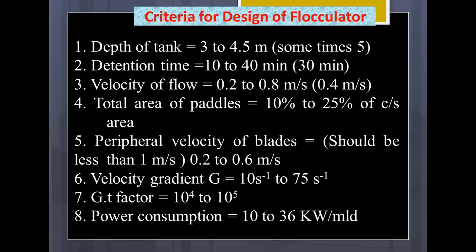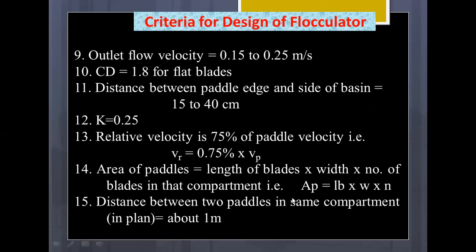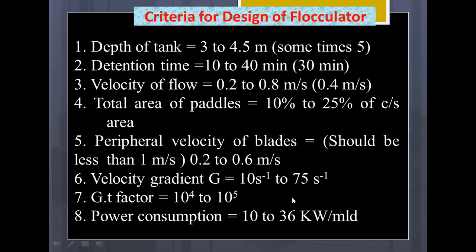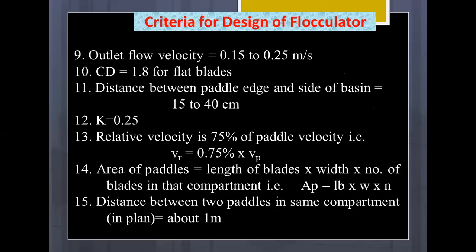Power consumption is equal to 10 to 36 kilowatt per MLD, that is million liters per day, the unit of discharge. So 10 to 36 kilowatt per MLD. Next design criteria, outlet flow velocity 0.15 to 0.25 meter per second.